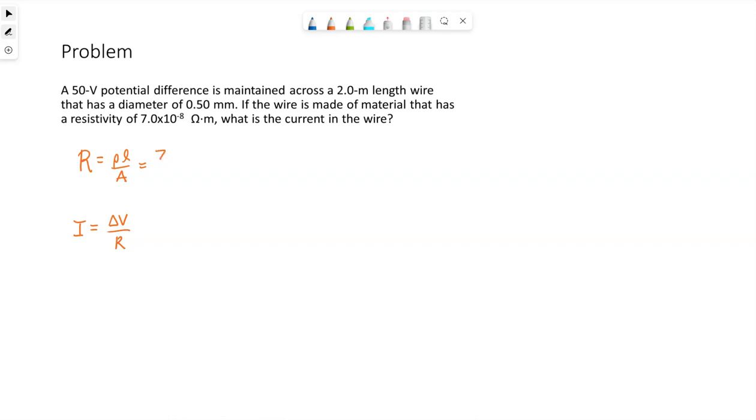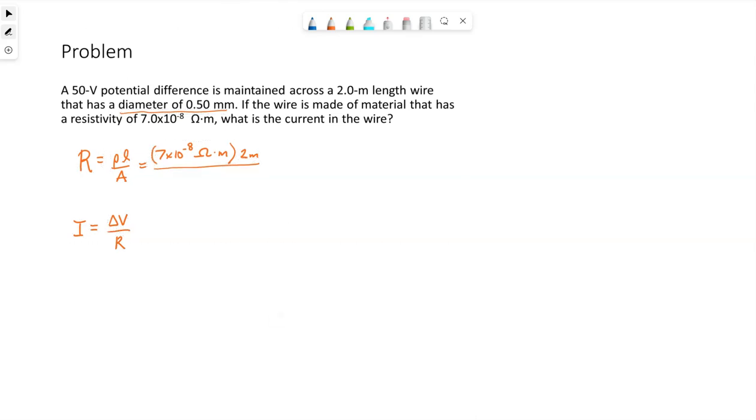So the resistivity is that rho value in our equation. L is the length, which we're told is 2 meters long. A is a cross-sectional area. Since they give us a diameter, that implies a circular cross-sectional area.